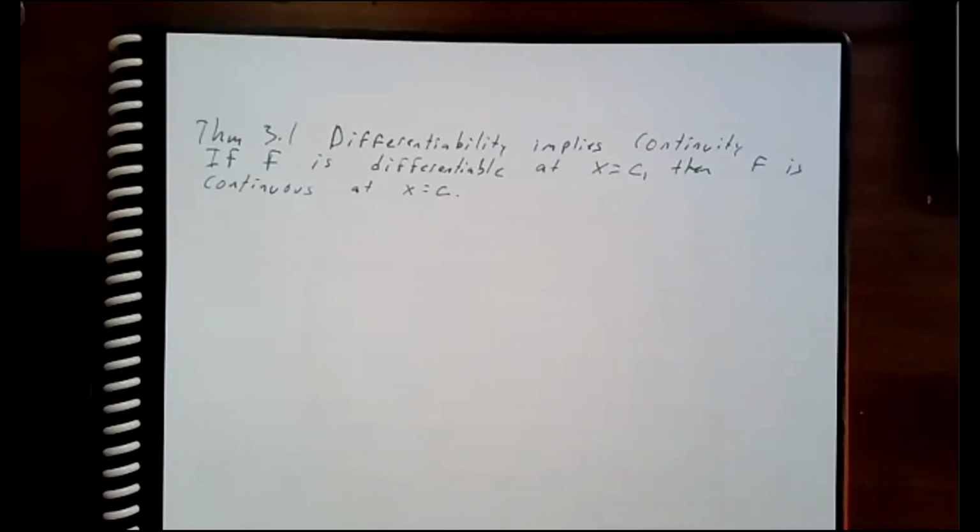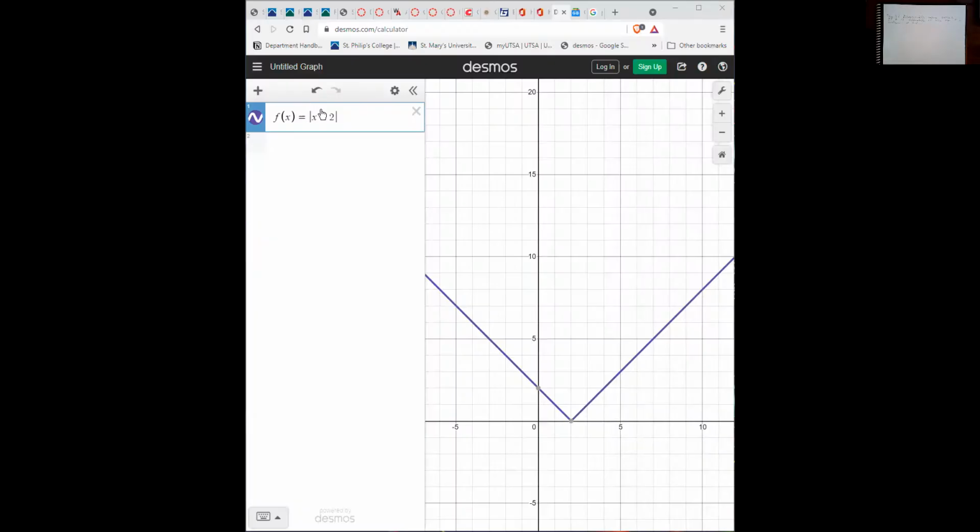There are some functions where you cannot find a derivative, like if it has a kink or a sharp edge or a cusp. Let me show you. f of x equal to absolute value of x minus 2, like this guy. This is an absolute value function, right? It has a little V shape.